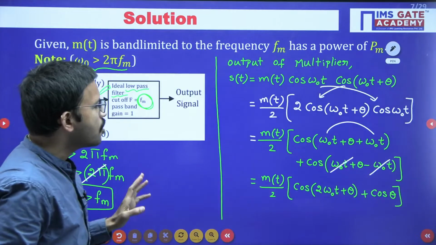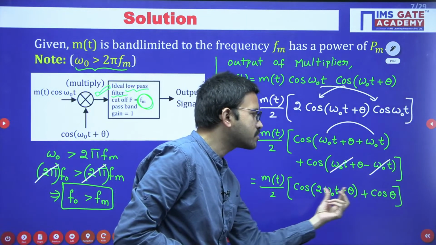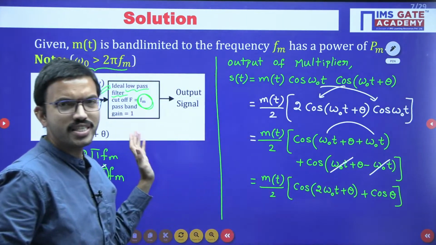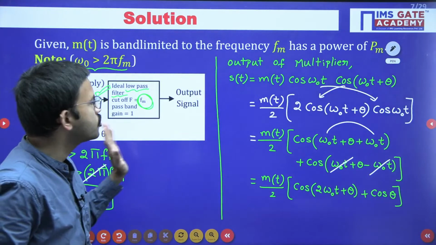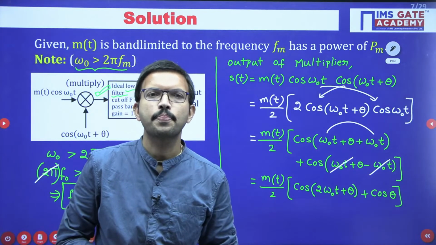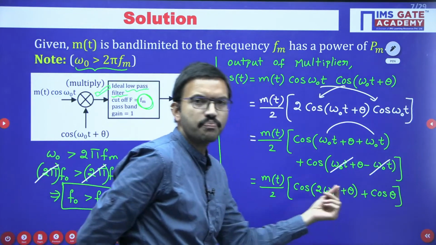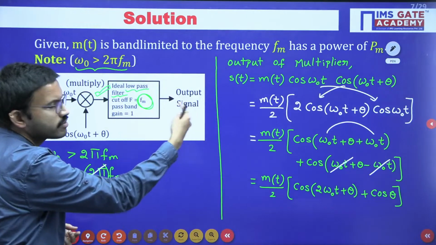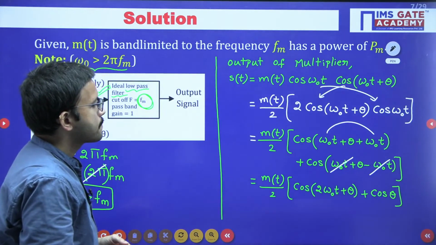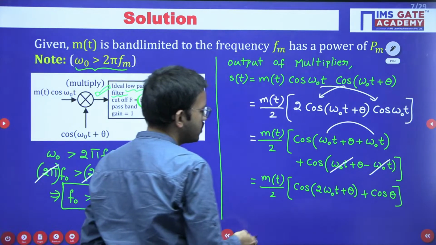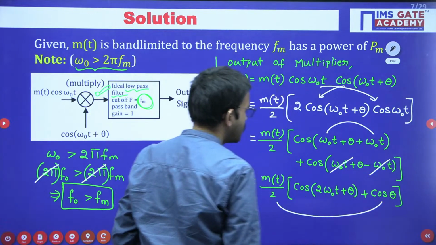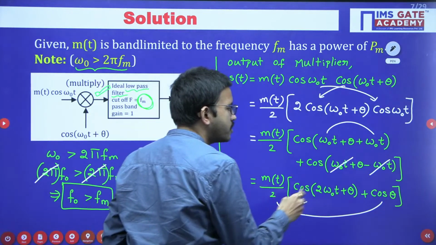So now can you tell, among these two terms, which term this low pass filter will allow and which term it won't allow? All of you please respond. Among these two terms, which term will the low pass filter allow?